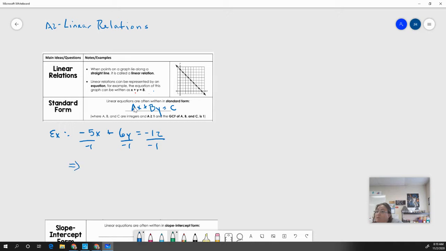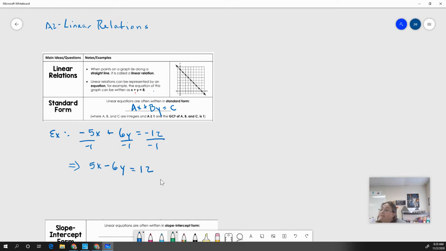And this would yield 5x, oops, my bad, 5x minus 6y equals 12. Now, this is a perfectly legitimate form of the standard, right? It only says that a has to be greater than or equal to 1. So if whatever is on your x is negative, you need to get rid of that negative.